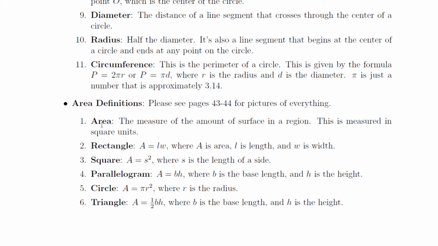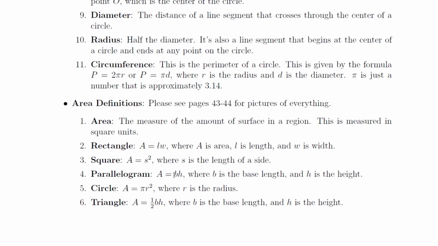For the area, we've got the measure. So again, like I said, the measure of the amount of surface in a region. So it's the amount of area within an object, the amount of space within an object. Here are the specific definitions of those formulas. The rectangles, you multiply the length times the width. The square, you square the sides to get the area.